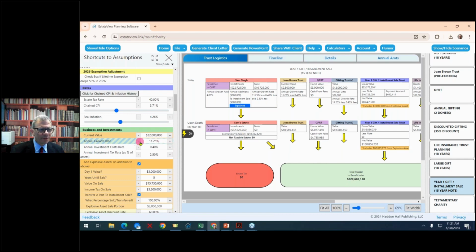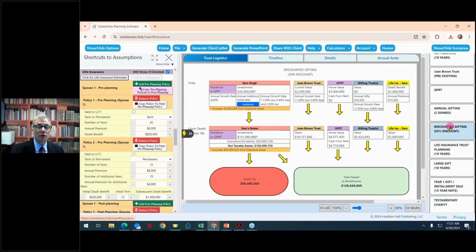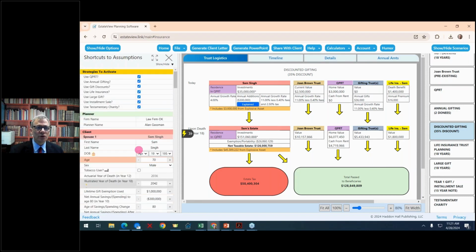And now there's a bigger problem. There's a bigger estate tax problem if we don't do the planning, and you could print that. You could print it with and without the large gift. It does take some time to do this, but when you run the numbers, you will have a much better insight into what the client may want to do, and you'll be educating the client on what to do.